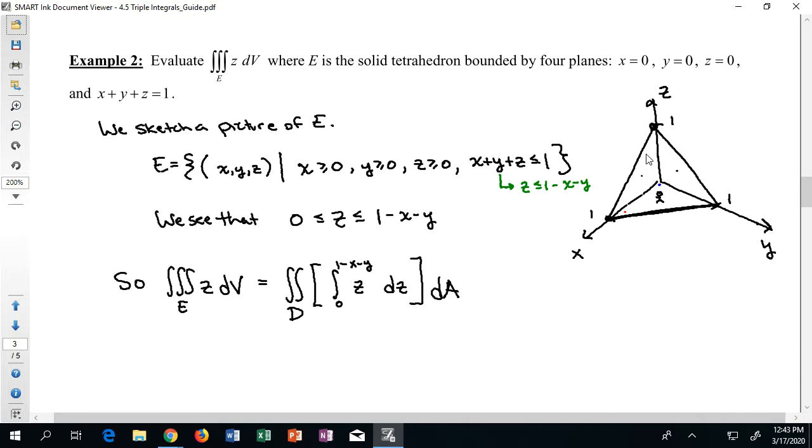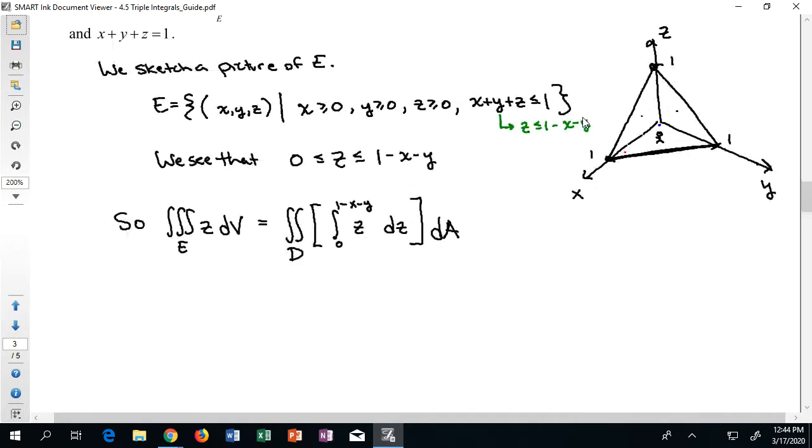Once I have this, I can imagine doing what we call a projection. I want to understand, where is my little person walking around? What does this thing look like when I take this projection of my solid into the xy plane? We'll see what I mean by that in just a second.